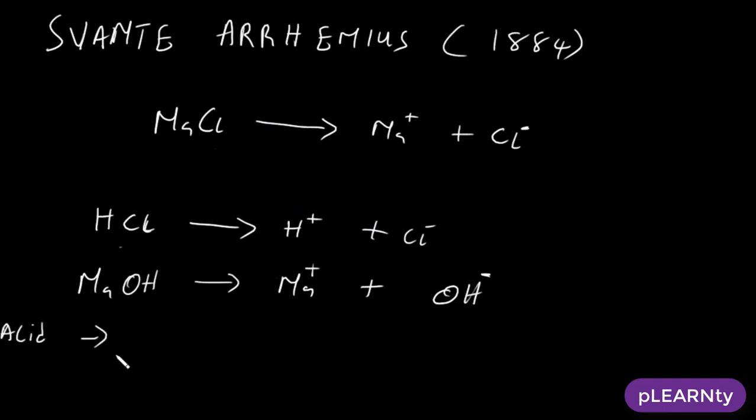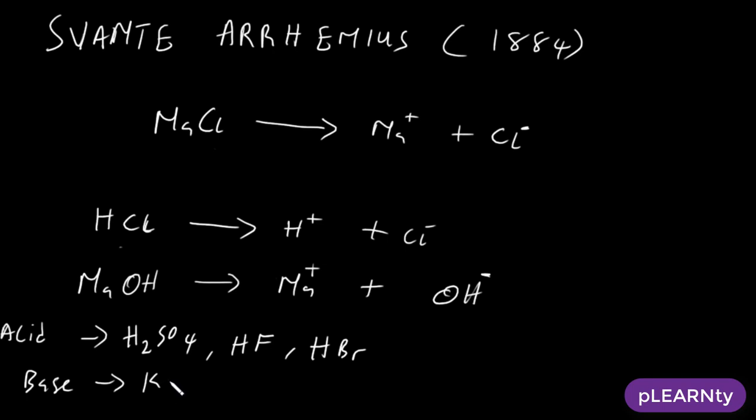Other examples of Arrhenius acids are H2SO4, HF, HBr, and so on. So Arrhenius bases, we have KOH, we have calcium hydroxide, and so on.